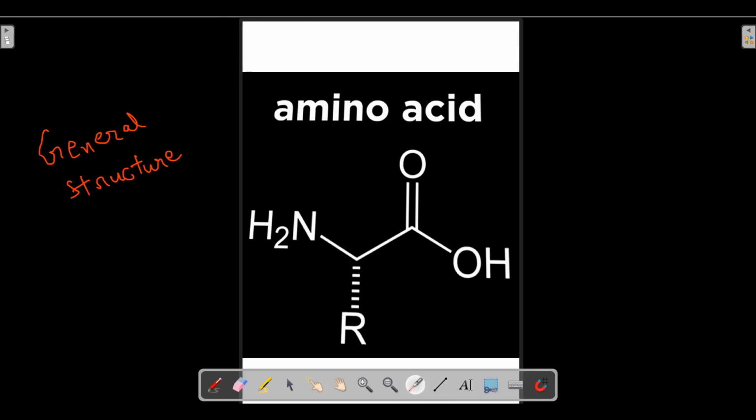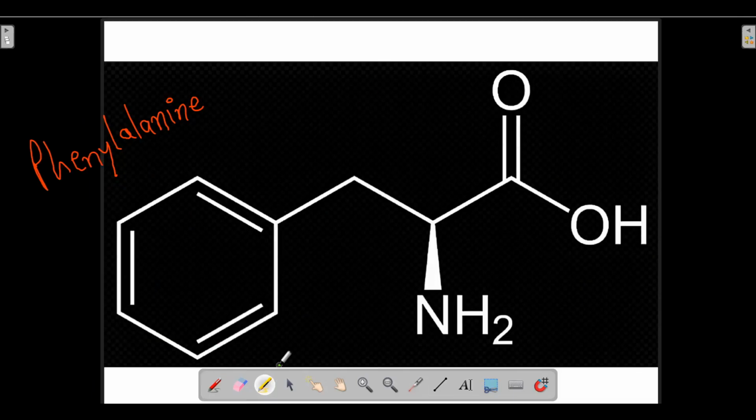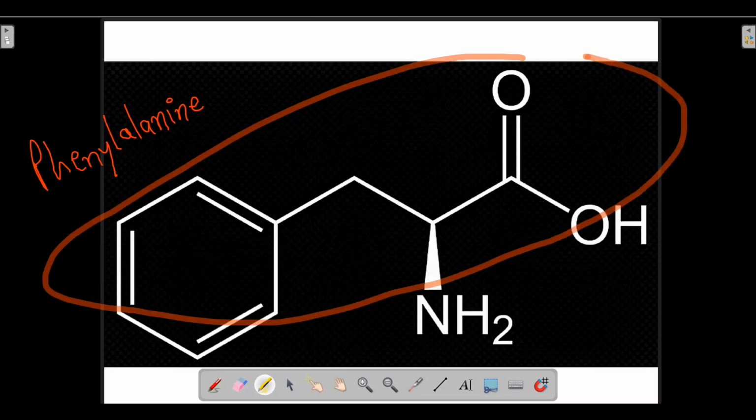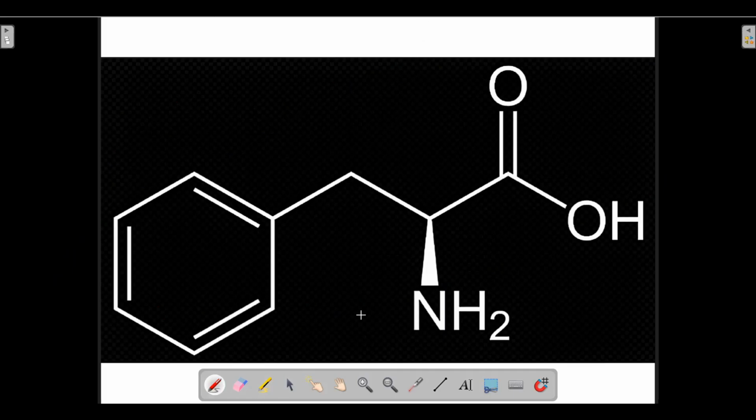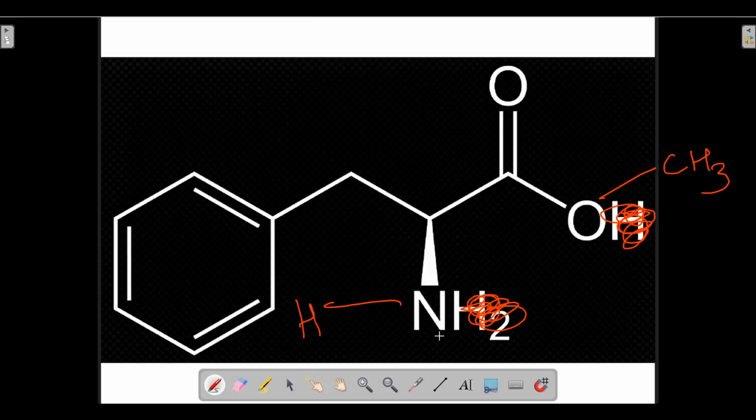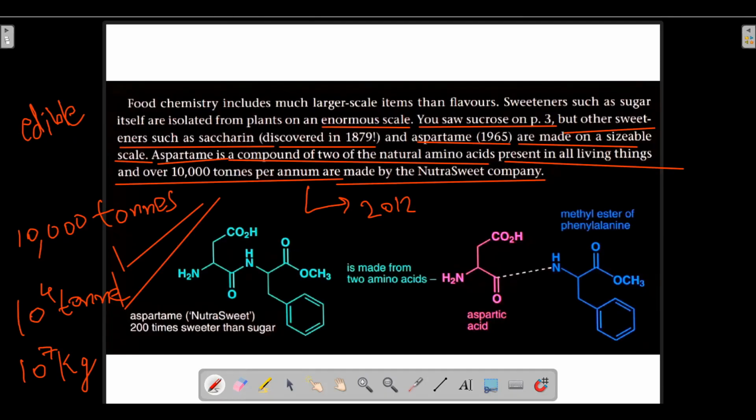How is the structure of phenylalanine? Phenylalanine has a structure like this. What they have done is replace this hydrogen over here with CH3. One of the two hydrogens on the nitrogen is left, and another has been attached to aspartic acid. If you replace this CH3 with H, it becomes phenylalanine.